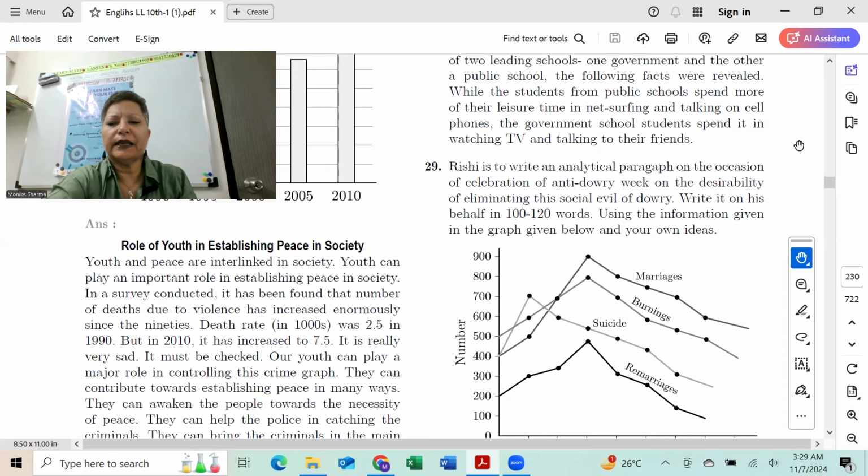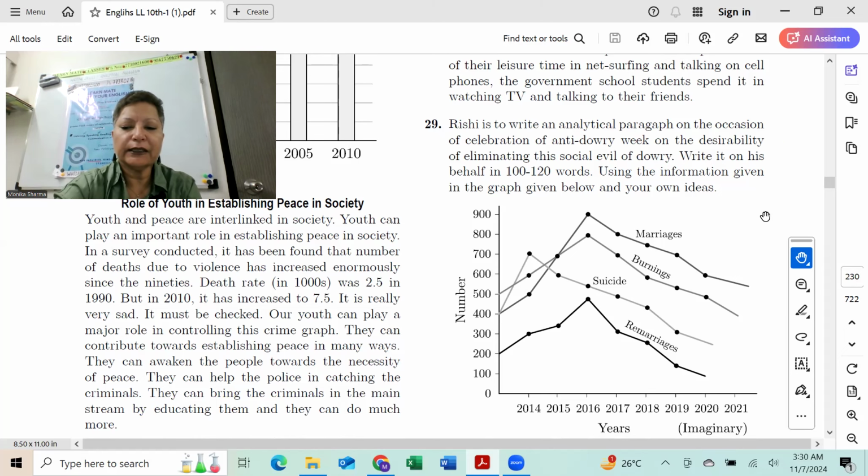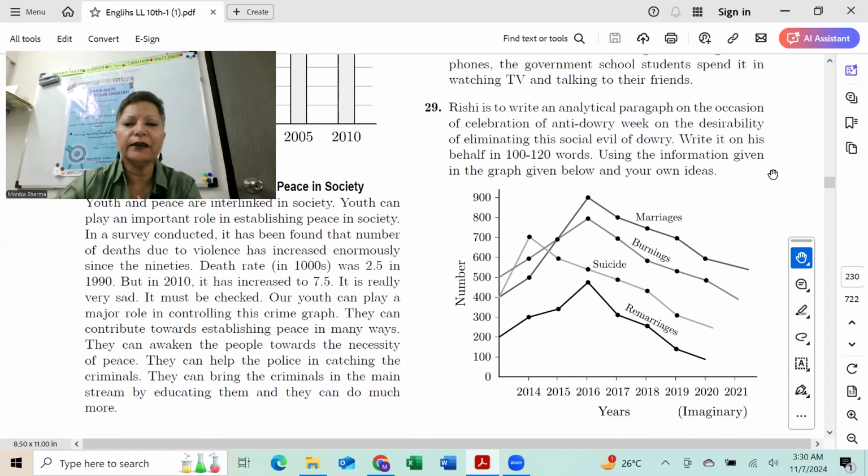There is very little which is actually shown to you. It is showing you that over a period from 2014 to 2021, the number of dowry deaths, the number of marriages, the number of suicides, and the number of remarriages. So you will have to make a comparison using the four things. Nothing else is given to you, so you will have to start working from there.